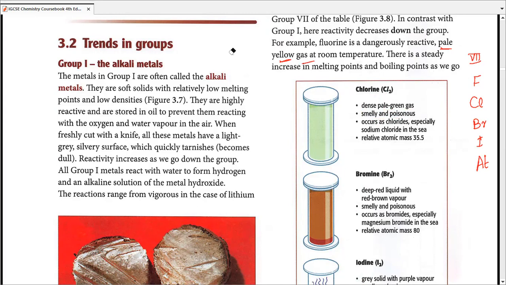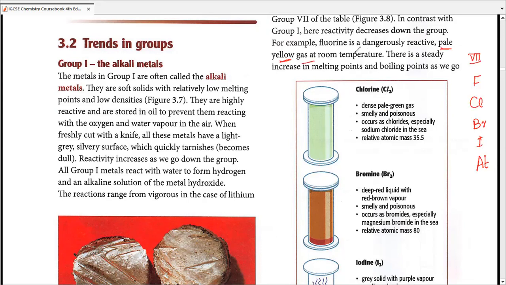The first point is different for all of these. This one is a pale green gas, a dense one at that. This one is a deep red liquid, and when it is converted into vapors, which it easily does, those are red-brown vapors. And in the case of iodine, my bad.